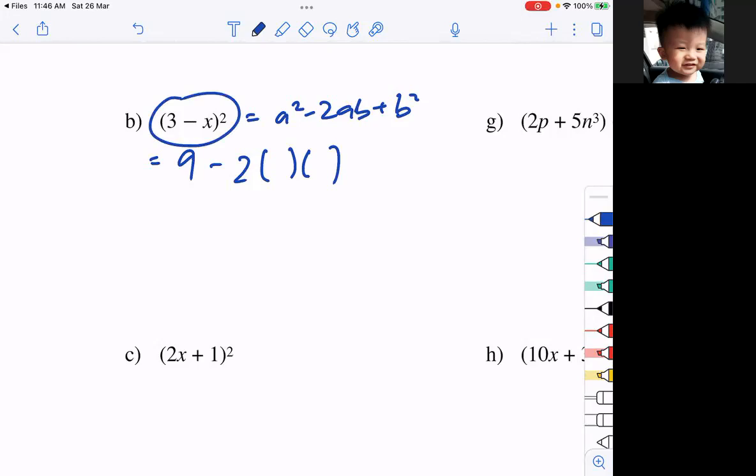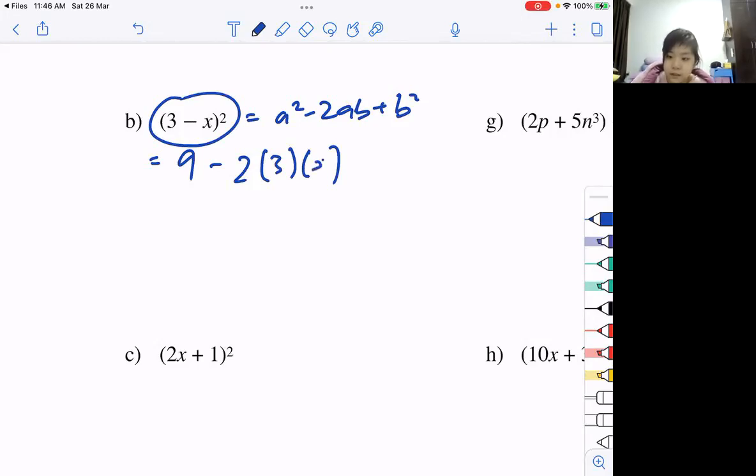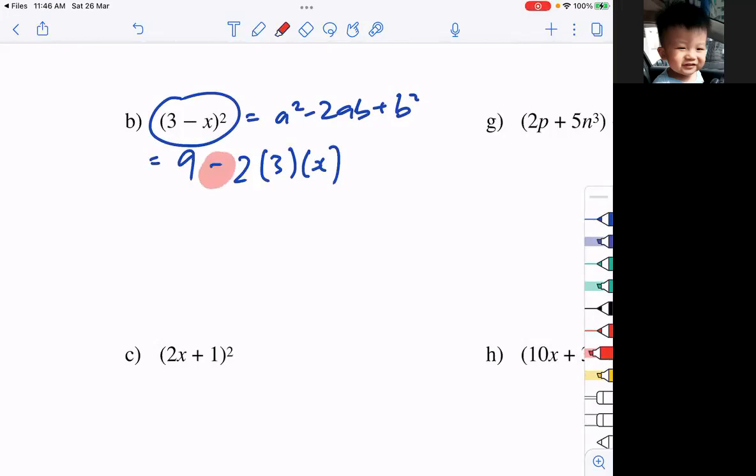What are they? 3 and x or minus x? X. Don't write minus x because the minus is already accounted for. You put minus, it becomes plus again, right? So just x. Then the last part is plus b squared, which is plus x squared. So the answer for this becomes 9 minus 6x plus x squared.